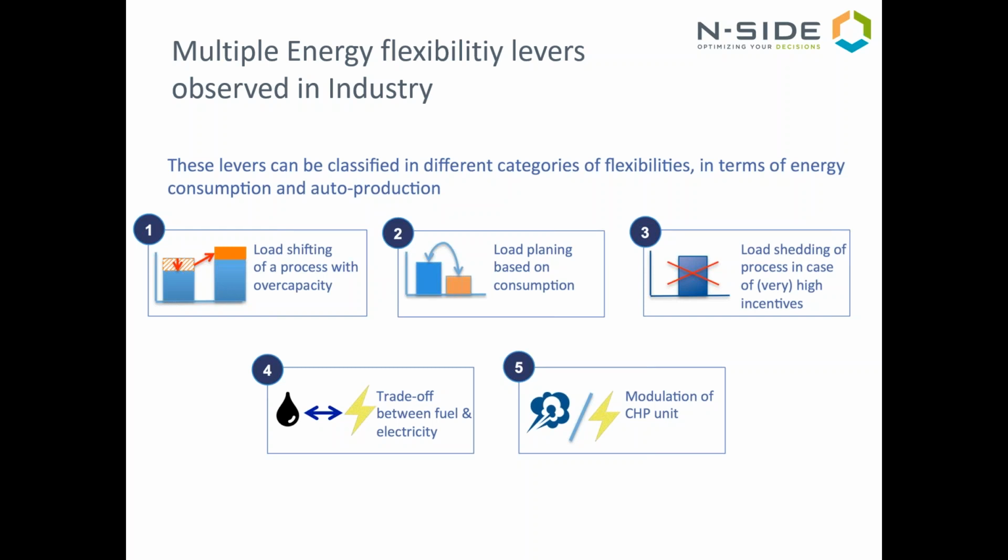A fourth element is what we call fuel switching. This time it's a real trade-off that we are looking for between fuel and electricity. As an example, in the pulp and paper industries, on the paper machines, you have the drying sections. In the drying section, you can dry the paper either with burners running on gas that will heat the paper, or you can select fans running on electricity that will ventilate this heat.